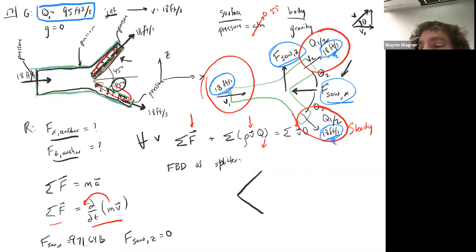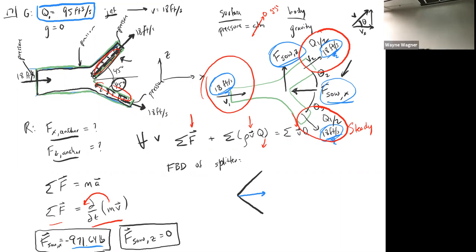So what we can do is draw the free body diagram of the splitter. I'm going to take this force right here, F S on W in x, which I should write like this, equals negative, so I'm going to make it a vector. This of course is trivial to make into a vector.